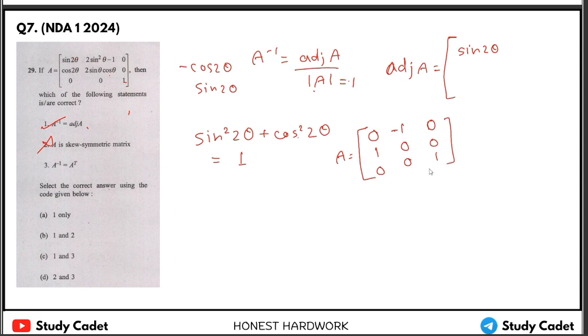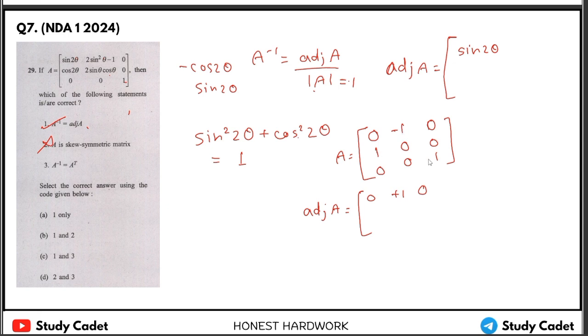We can see the adjoint of A from here. Okay, it will be easier. 0, this is 0, and for this minus 1, so it will be plus 1. Then here 0, 0.